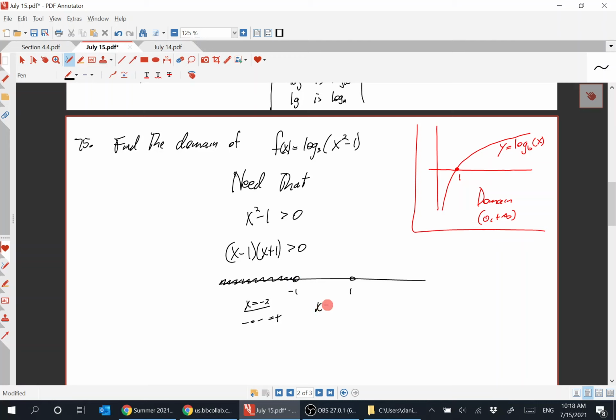X equal to 0, negative and positive, negative, so it's not part of the solution. And then x equal to 2, they're both positive, those factors, so it's positive here, so that is part of the solution. All right, so the domain is minus infinity to minus 1, union 1 to plus infinity.